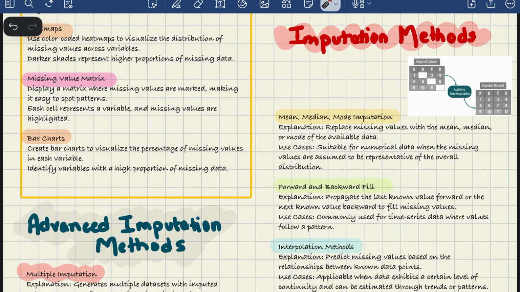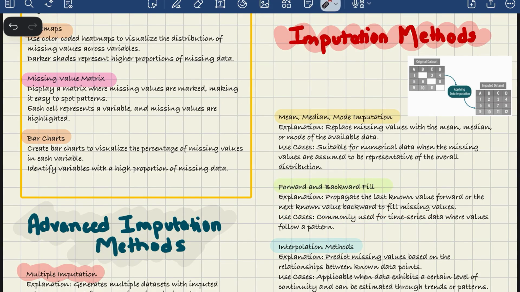All right, so next is forward and backward fill. This imputation method is used for sequential data such as stock prices, sensor readings, or daily sales. What we are doing is propagating the last known value forward or the next known value backward to the missing field.